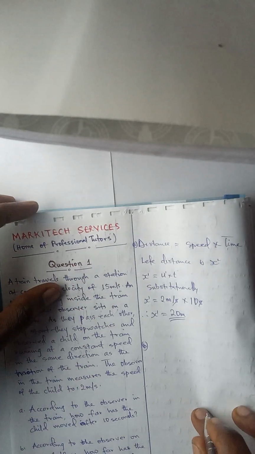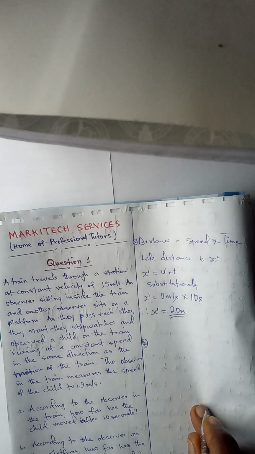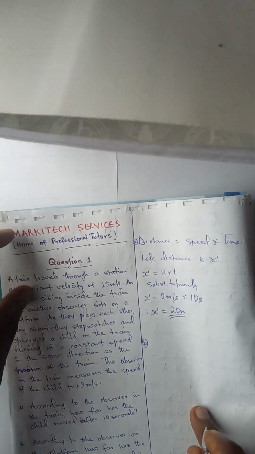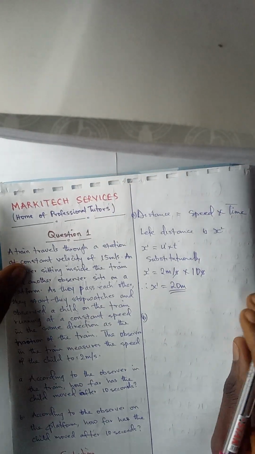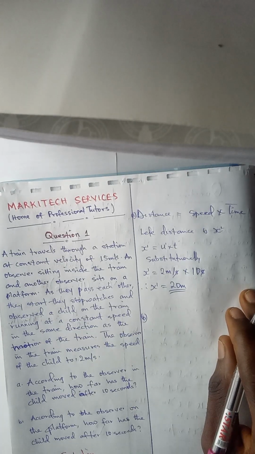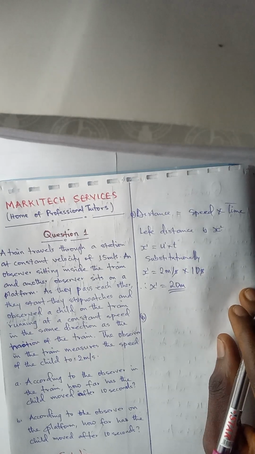Now b says that according to the observer on the platform, that's observer B, how far has the child moved? In calculating b, since b is observing the movement of the boy on the train, and now a observed the movement of the boy on the train because a is inside the train.